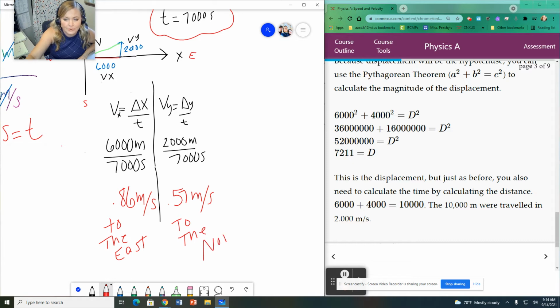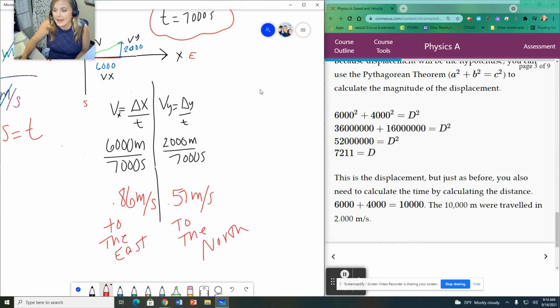Now, at this point, you're just giving me the vector components, the x component and the y component. We don't have the vector sum yet. That hasn't been given yet. So that's important to know that, okay, that was not given here.